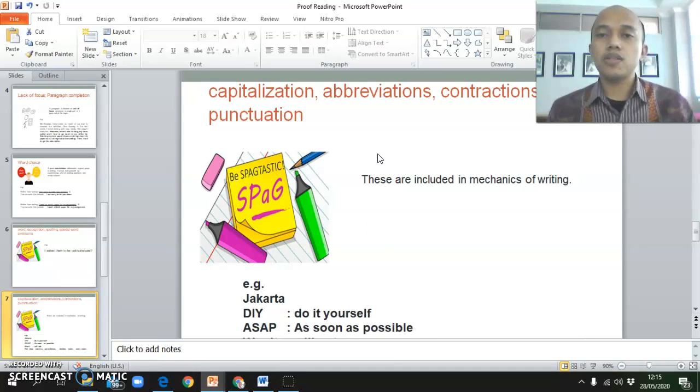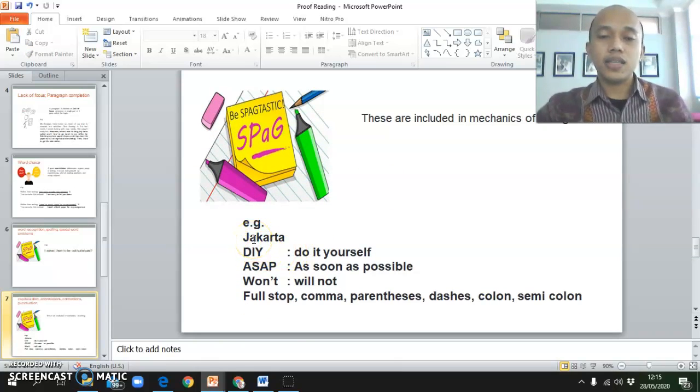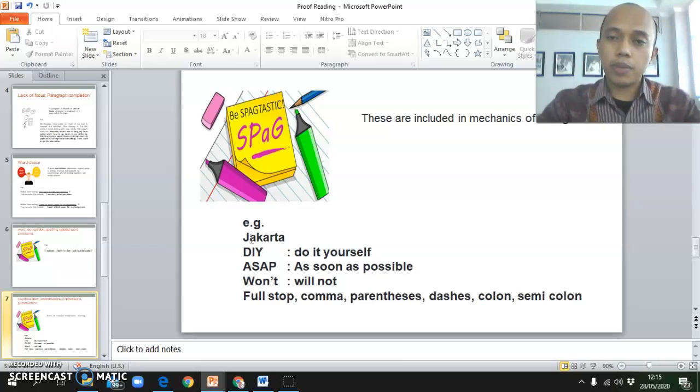Well, the next points are capitalization, abbreviation, contraction, and punctuation. You also need to familiarize yourself with this. For example, Jakarta. In writing a proper noun like Jakarta, wherever it is placed and located, we need to write the first letter of Jakarta in capital, right?